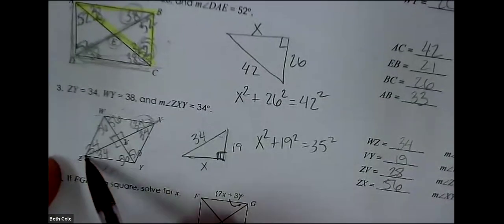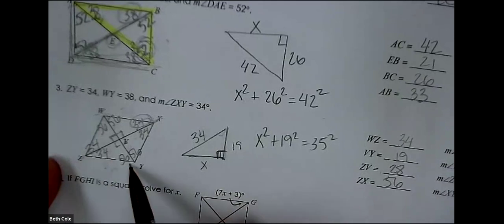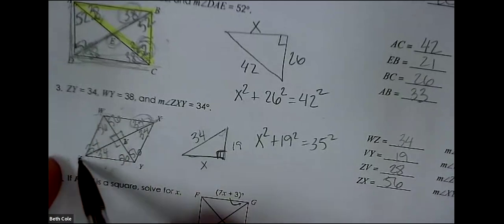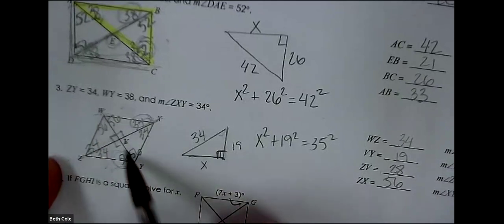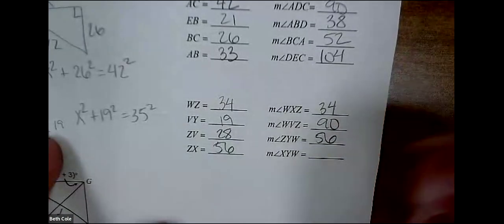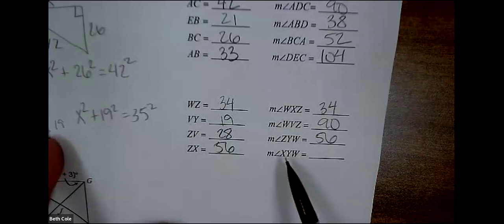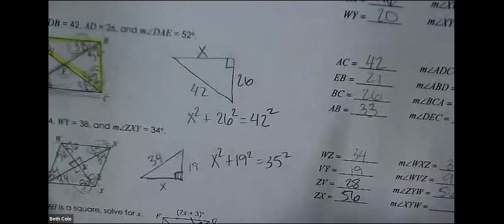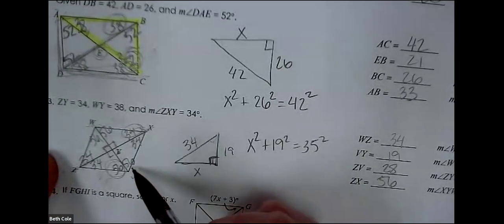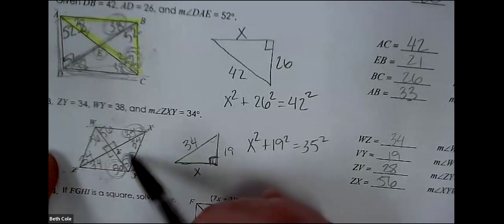ZYW, let's see. Z, where's Y? YW. So that goes from here to here to here. So ZYW is 56. And then XYW is also 56.